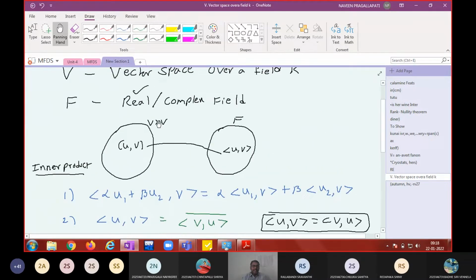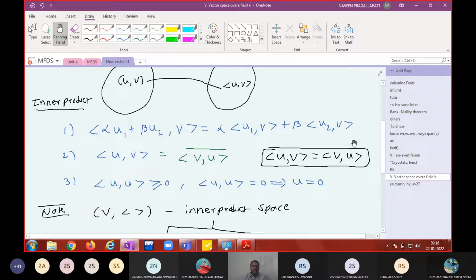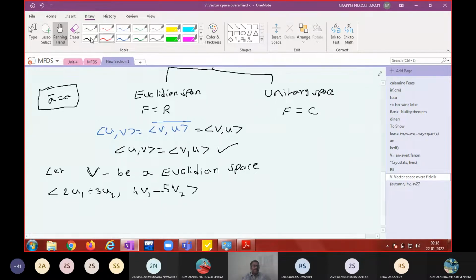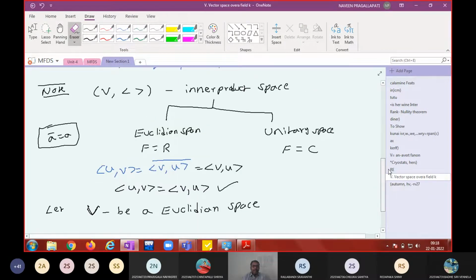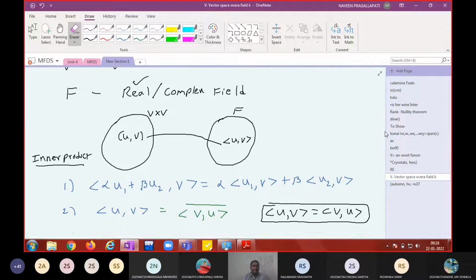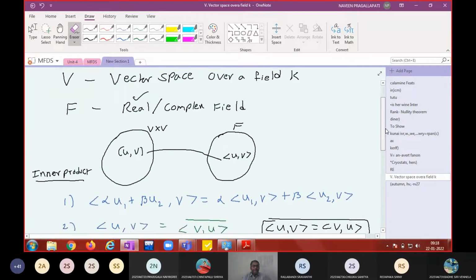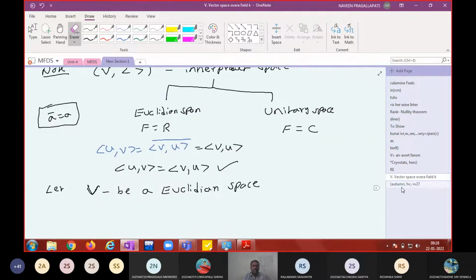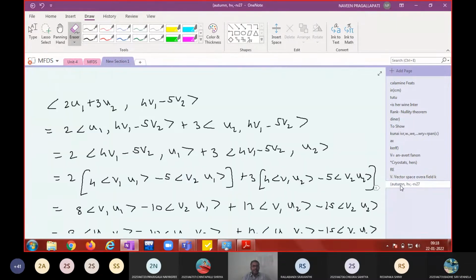If the field is the field of real numbers, then the inner product of UV becomes the inner product of VU because the conjugate of a real number is itself. Shall I proceed? Please respond. If you have any doubt at this stage, please ask me. I'll try to clarify, then I'll go to the next one.